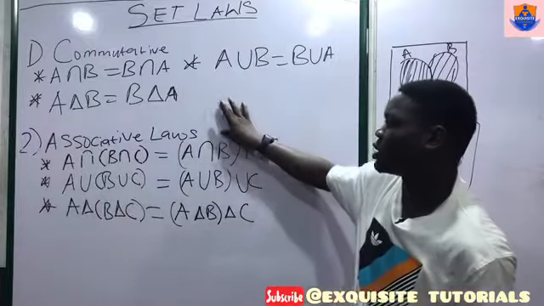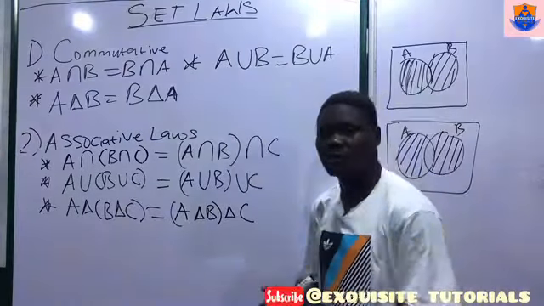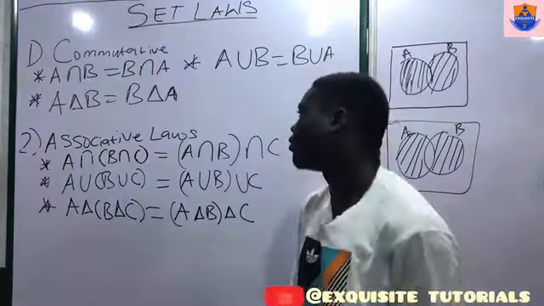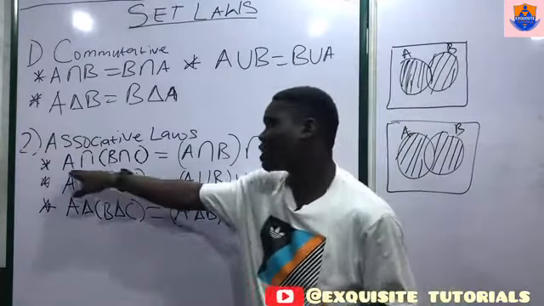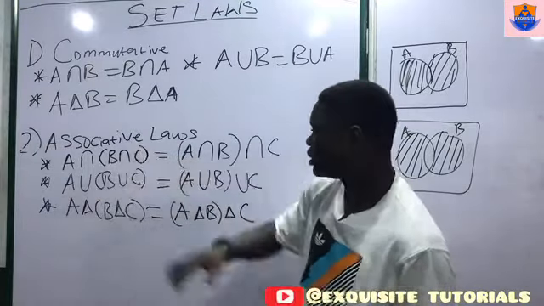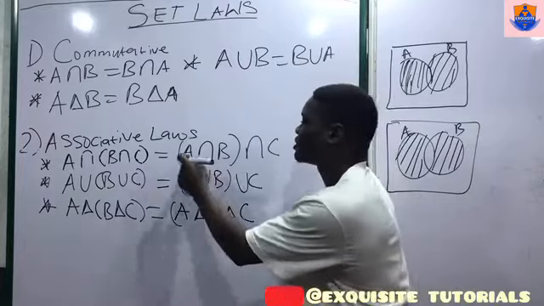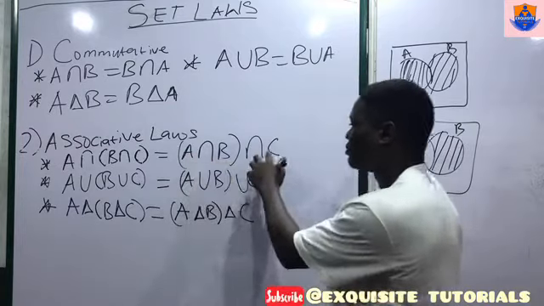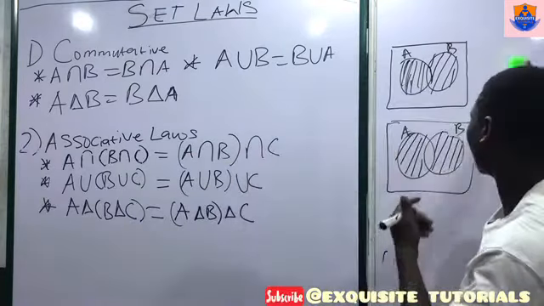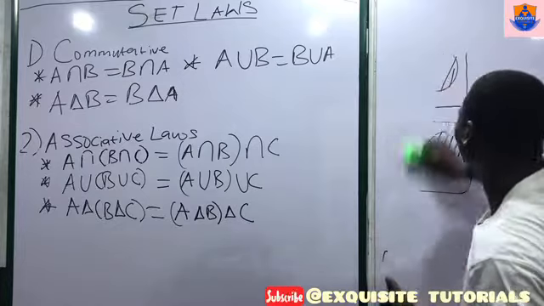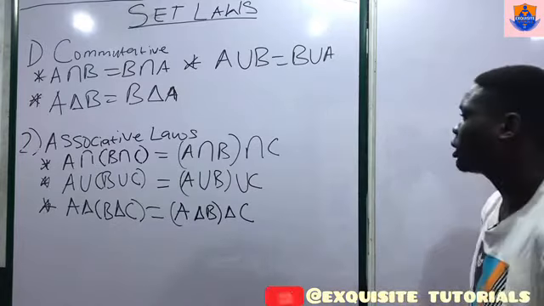Now let's move to the second law, the associative law. Now we want to verify if you have A intersect, open bracket, B intersect C, close bracket, if it is the same as A intersect B, then intersect C. So let's start the verification now.